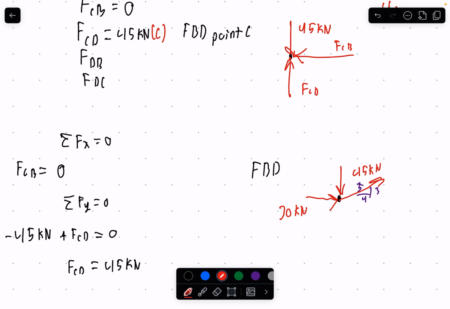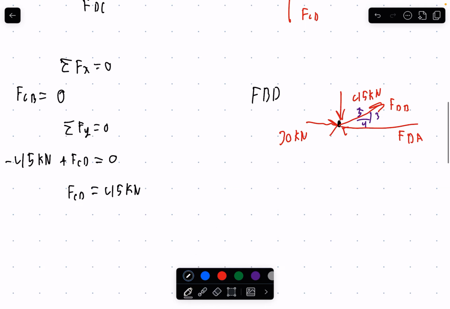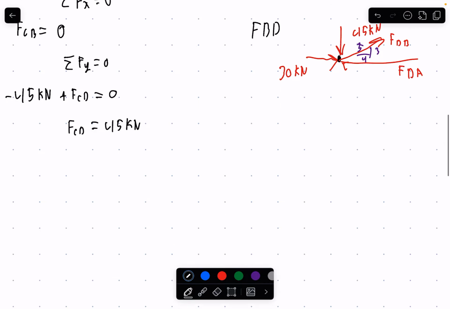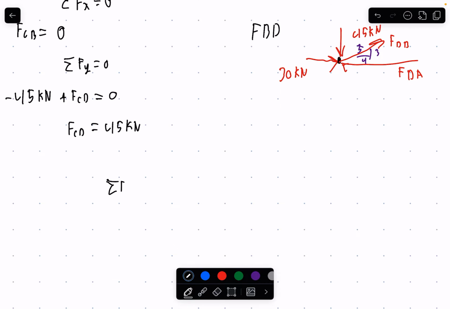Okay? And we also have force FDA, sorry, and this will be force DB. So we can sum the forces right here. Let's actually start with summing the forces in the y direction, because we only have one unknown for this equation.